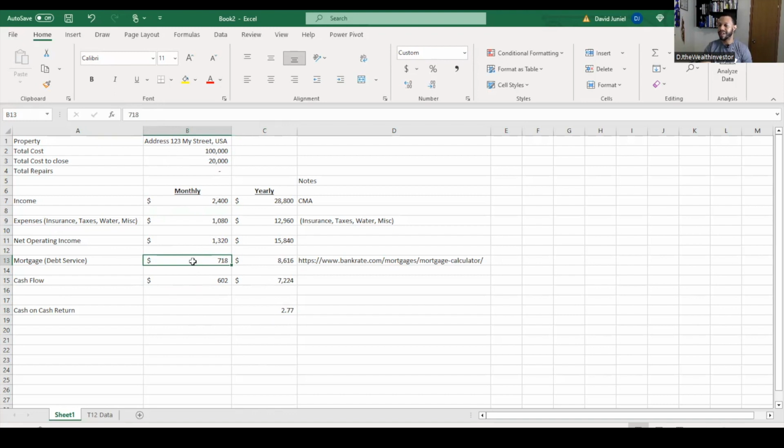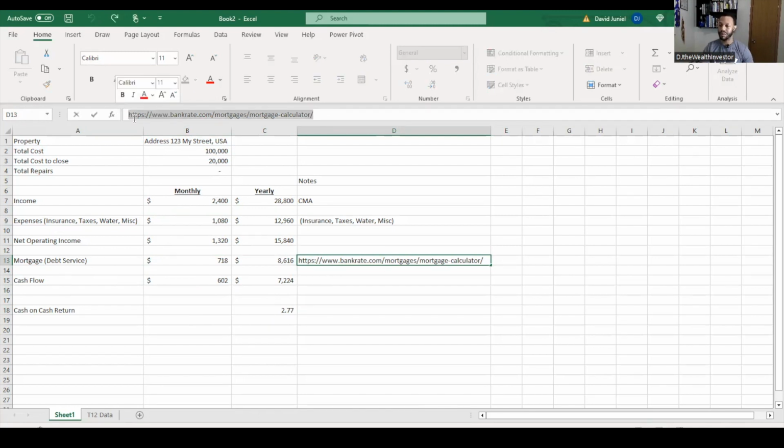So how I was able to get this mortgage information, and one way that you can look for your expenses online, is bankrate.com, which is a great resource. I'm just going to go to it as well. Let me see if I can share my screen. Does that work?